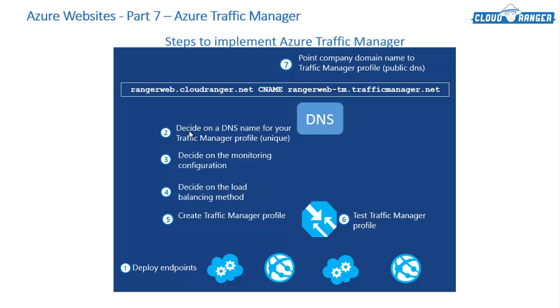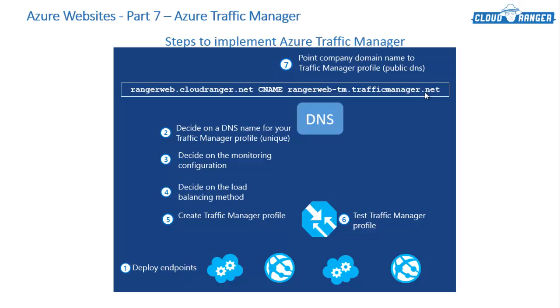Then after that, you have to decide on a DNS name for your Traffic Manager profile. This is the first thing you do in Traffic Manager: you create a Traffic Manager profile. And this profile name has to be unique. The reason it has to be unique is because as soon as you create the Traffic Manager profile, it attaches a trafficmanager.net domain name.